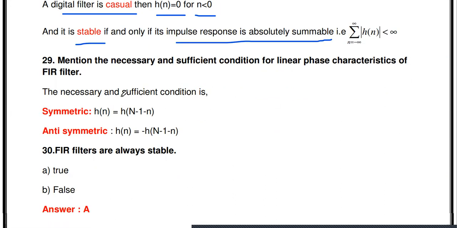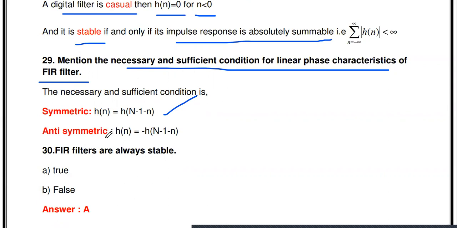Then the next one: mention the necessary and sufficient condition for linear phase characteristics of FIR filter. If the filter is symmetric, it should satisfy the condition that the impulse response h of n equals h of N minus 1 minus n, where capital N is the length of the filter.